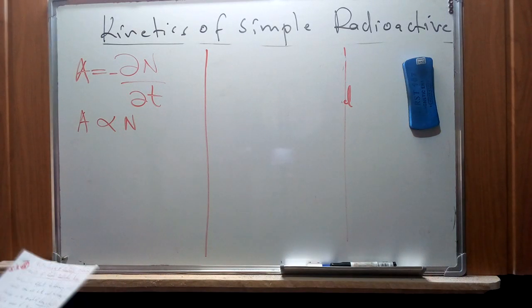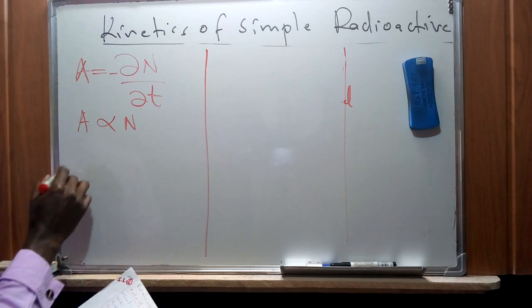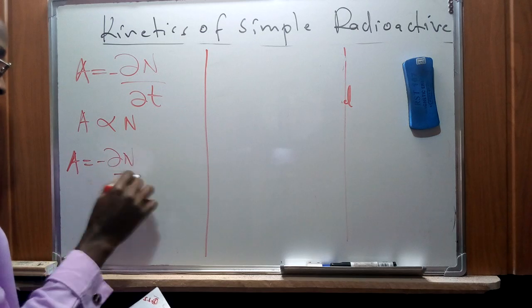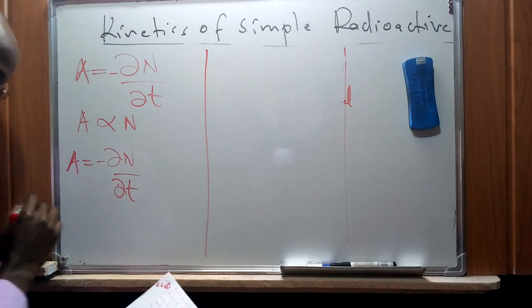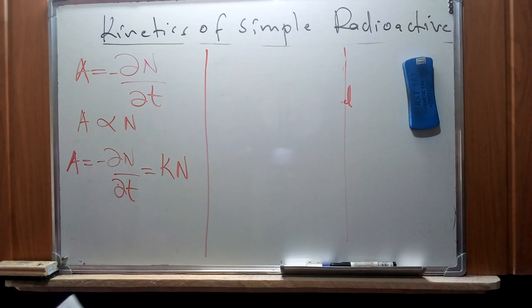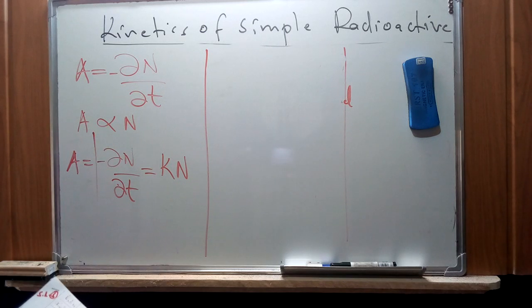we can write from the first equation that activity equals the change in n over the change in t, which is kn. So k in this case represents a constant, and we can rewrite this equation using the two parts of our equation.